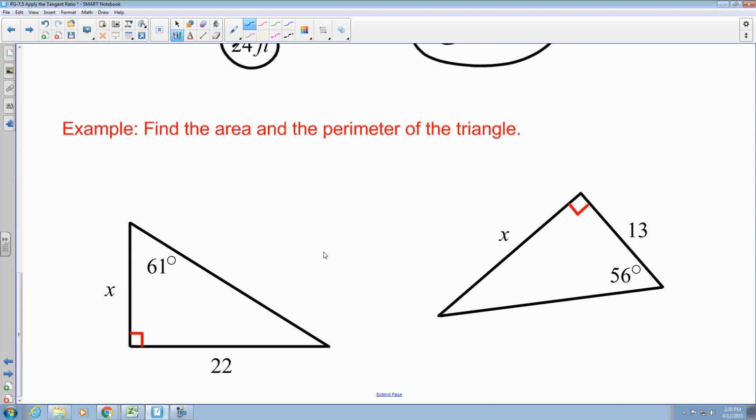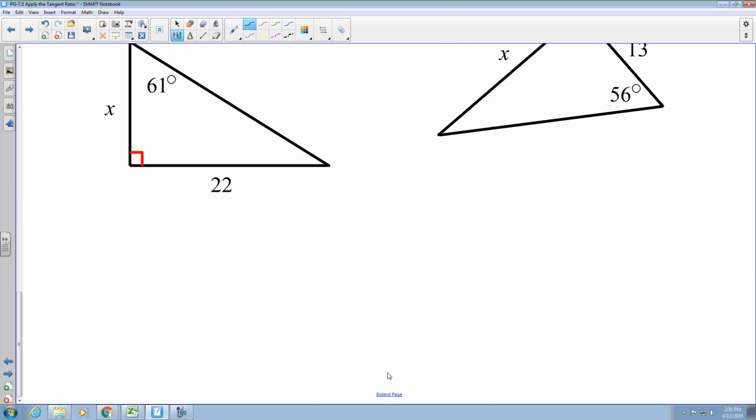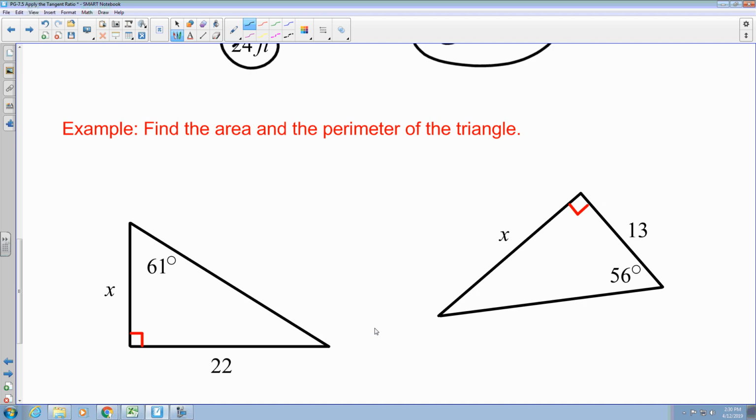The last thing that they want us to do here is they want us to find the area and perimeter of the triangle. Okay, so finding the area of a triangle is 1/2 base times the height.